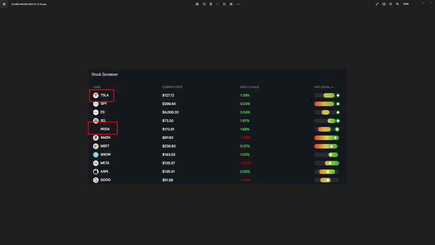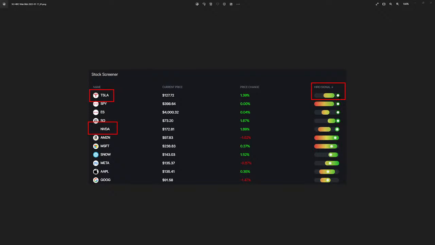And what this is showing is the hero signal, which is the hedging impact of real-time options, and the strength of the signal compared to the last 30 days. And that's shown by the entire length of this slider, and also the last 5 days, and that is shown by the colored portion.